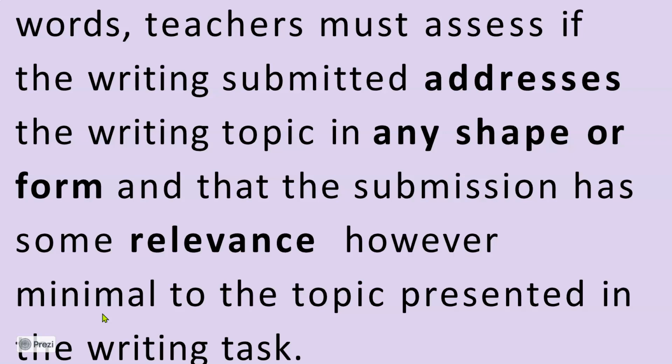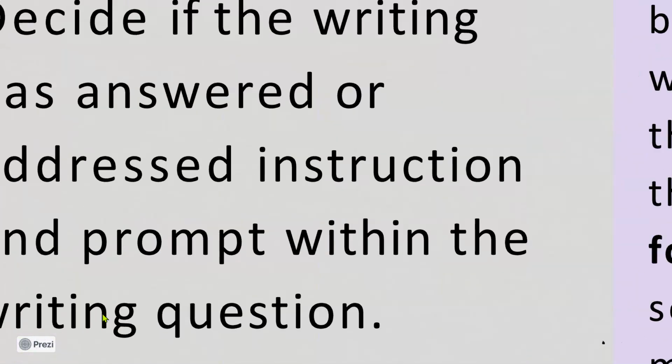So any match at all between what you've given and what you've asked them to write about, even if it's quite minimal, means they are somehow on topic. We will discuss the degrees of how on topic a piece of writing can be in just a moment.